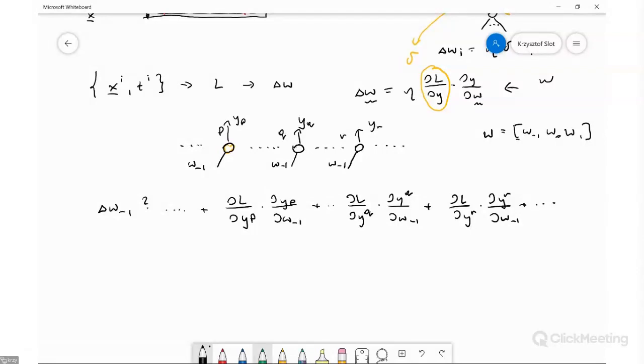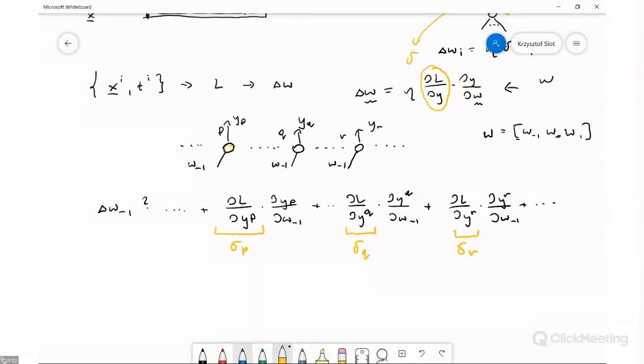And each of these terms is this error that I'm projecting onto a neuron P. And this is an error that I'm back projecting onto a neuron Q. And this is an error that I'm back projecting to a neuron R. So first, I have an error projected to an output of a neuron.